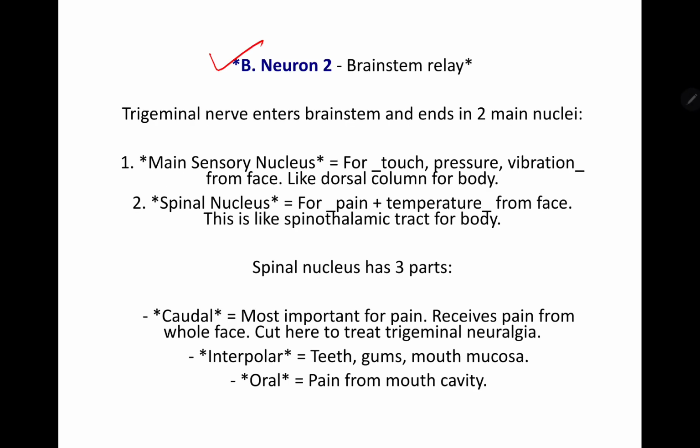Next is neuron 2, the brainstem relay. The trigeminal nerve enters the brainstem and ends in two main nuclei. The first is the main sensory nucleus, for touch, pressure, and vibration from the face, like the dorsal column for the body.